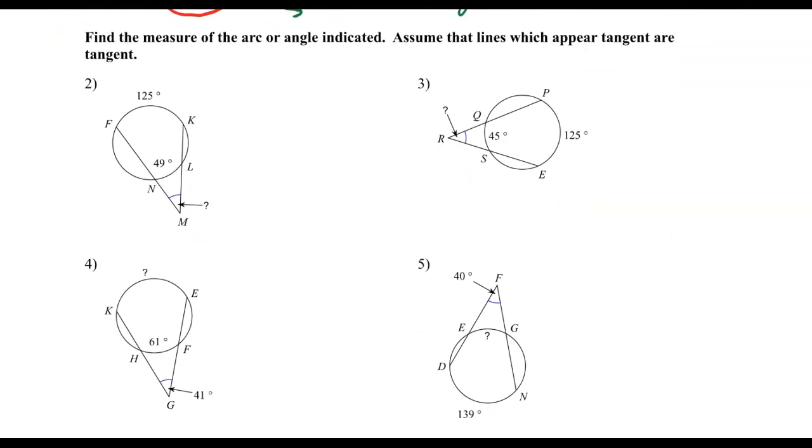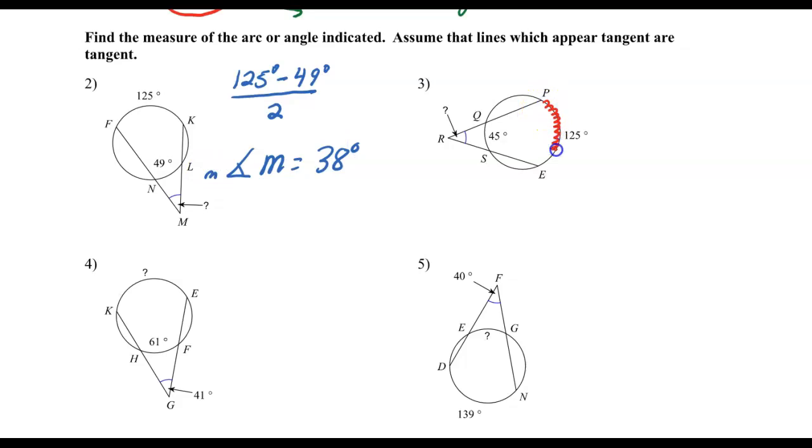to find angle M, we're going to take the big arc, subtract the little arc, and divide by 2. So 125 minus 49, divide by 2, angle M is 38 degrees.